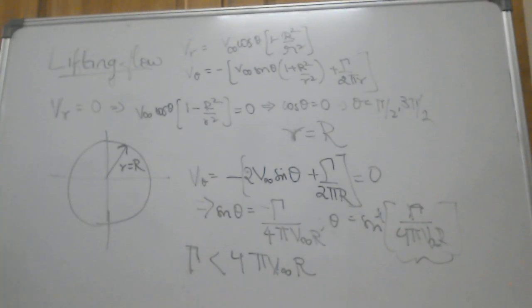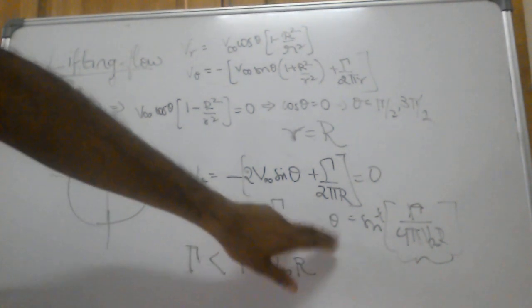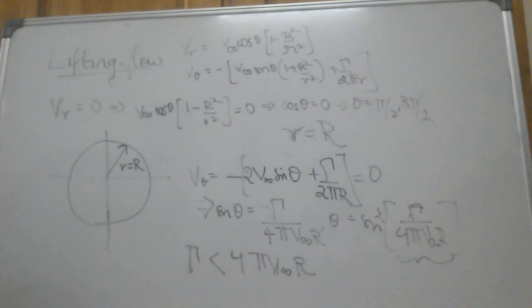Now what does this mean? This means that we are taking the sine inverse of a quantity which gives us a theta, and it's at this theta and r equals capital R that we have stagnation points.